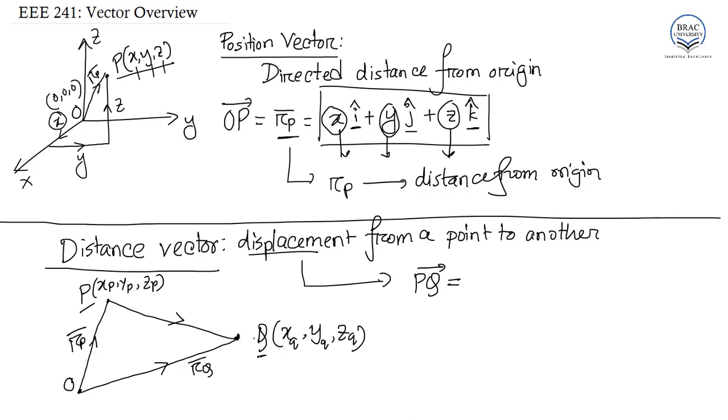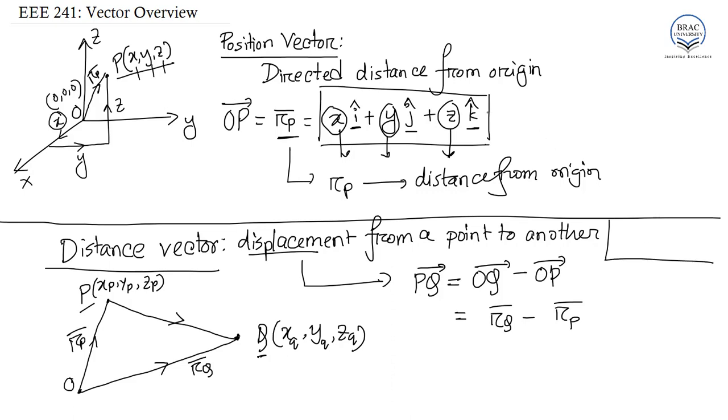And according to the triangle rule of vector subtraction, if you remember it, the PQ vector will be OQ vector minus OP vector, right? That gives us RQ vector minus RP vector.